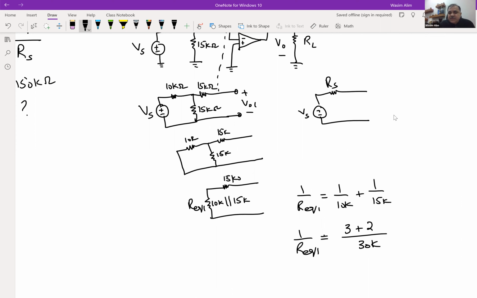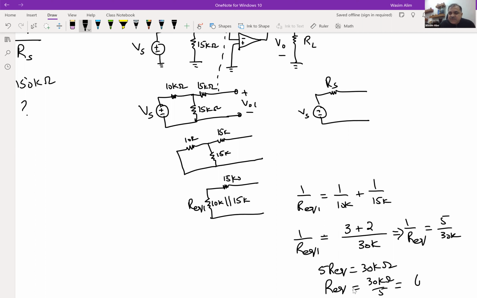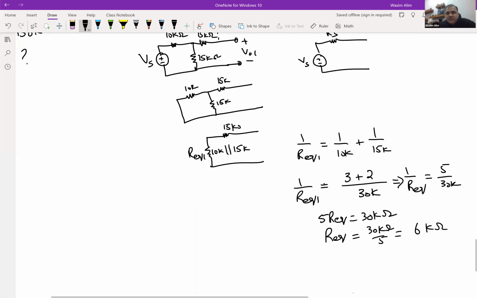So essentially 1 over R equivalent is equal to 5 divided by 30K. Cross multiplying, 5 times R equivalent is equal to 30 kilo ohm. Dividing both sides by 5, I get 30 kilo ohm divided by 5, which is 6 kilo ohm. So R equivalent 1 is equal to 6 kilo ohm.